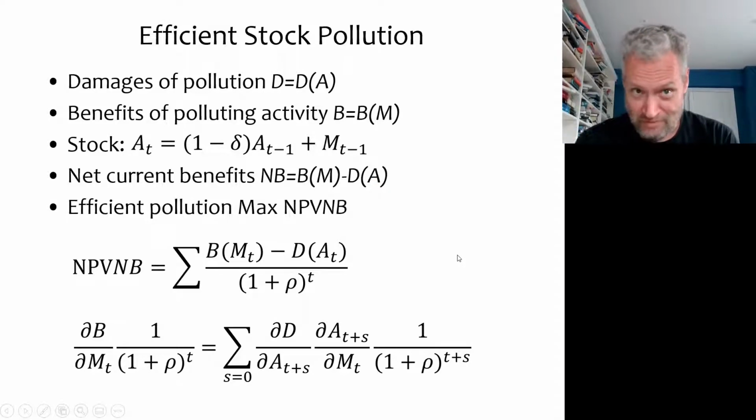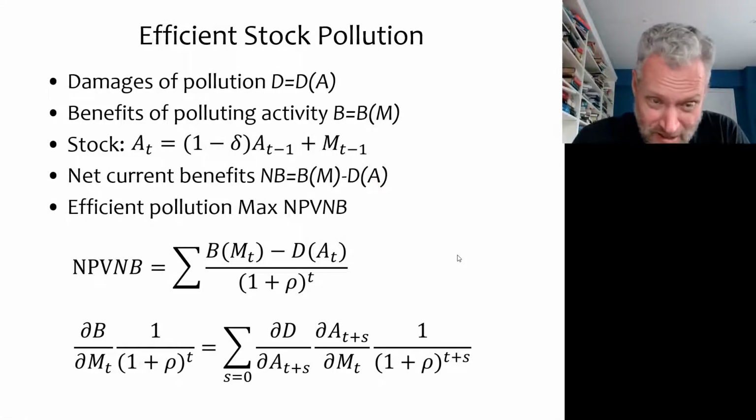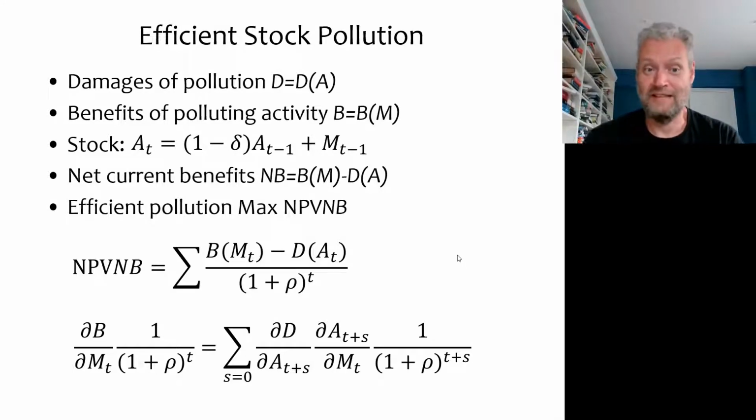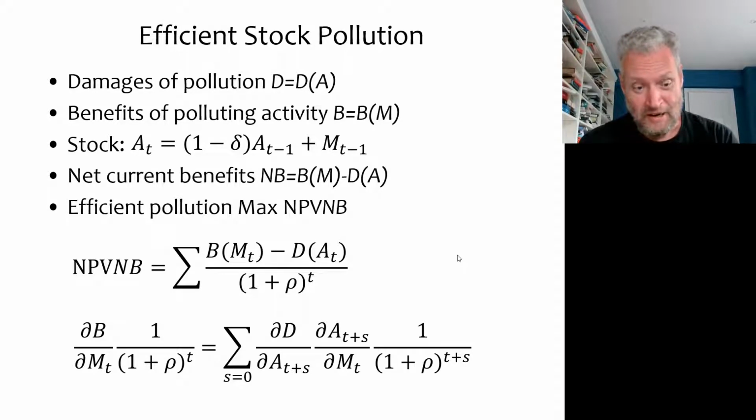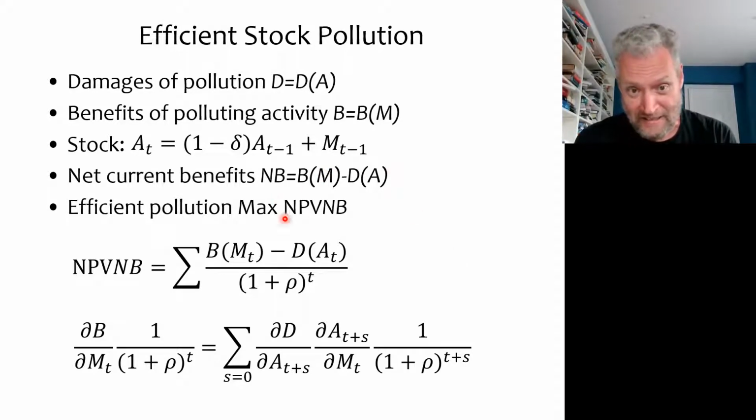And we want to find the efficient amount of stock pollution, so we want to maximize not the net benefits, but rather the net present value of those benefits. And that is given here, net present value of the benefits.